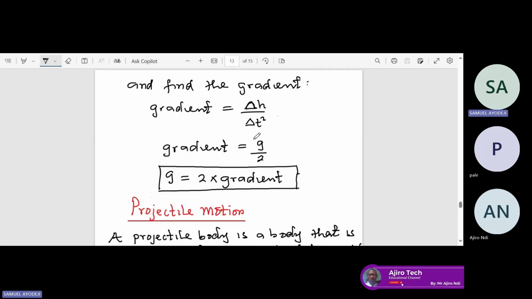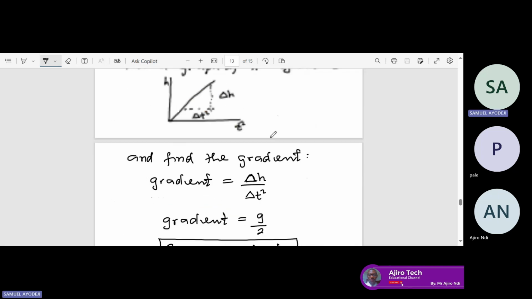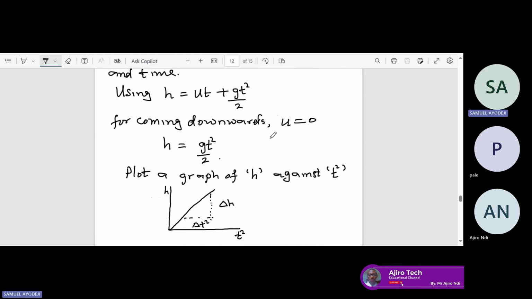So what is the gradient? From here, if you plot H against T squared, the gradient will be G over 2. The graph is expected to pass through the origin because there's no intercept here.